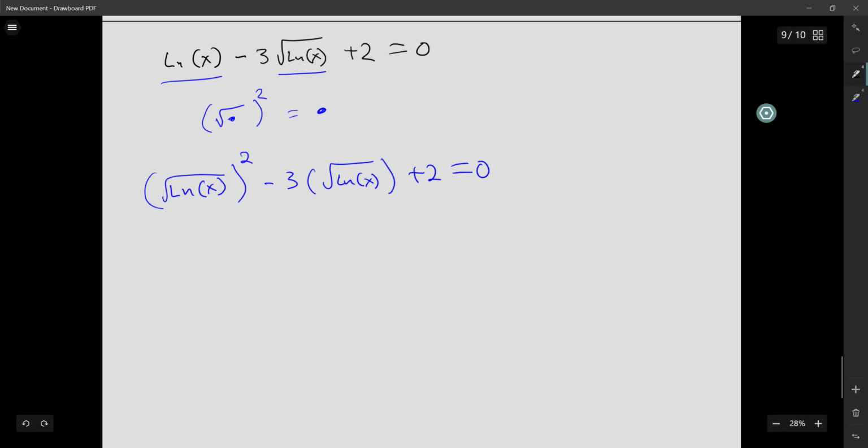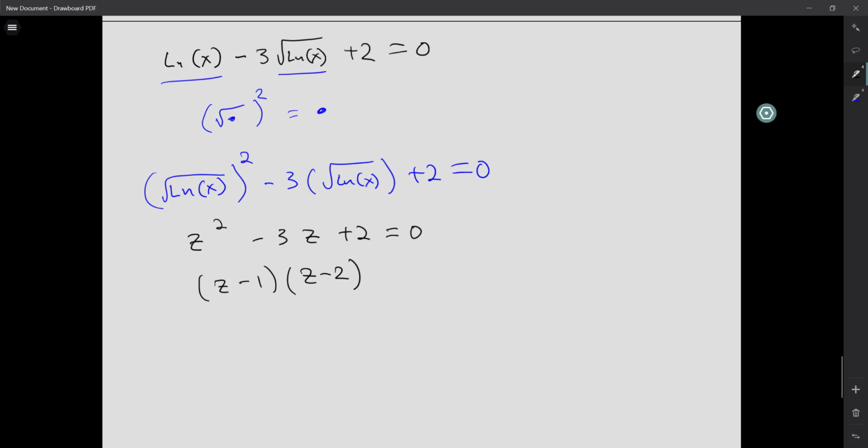And then I'll do what I did for the exponential: I'll call it z squared minus 3z plus 2 equals 0, and I'll solve it as a quadratic. But this one factors. I can have z minus 1 and z minus 2, I think. Let's check. I've got z squared minus 3z, and that's a plus 2. Perfect. So I've got two answers, z equals 1, z equals 2.